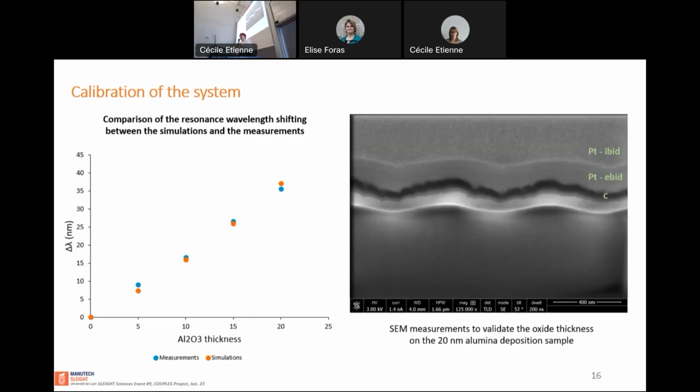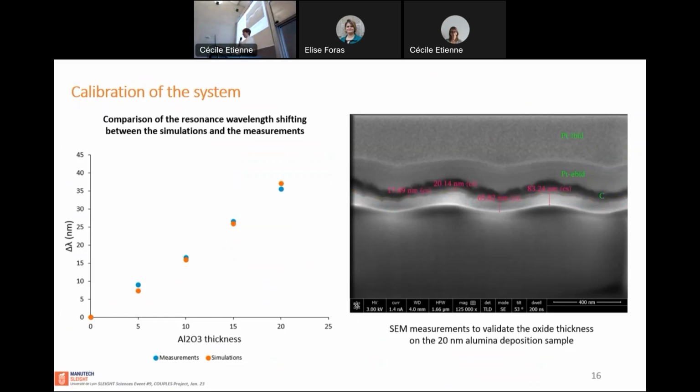In order to start validating the model, we have done some SEM measurements. Here are the SEM measurements on the 20 nanometers alumina deposition sample. So in this part, it's the aluminium. And this part corresponds to the oxide layer that has been deposited.